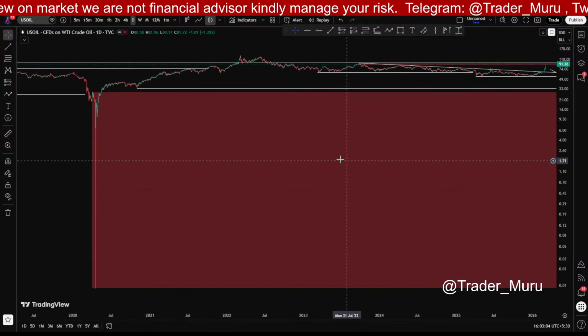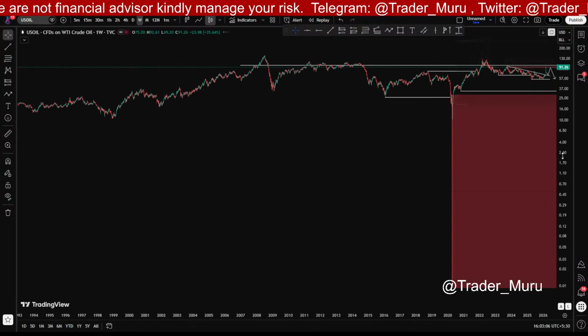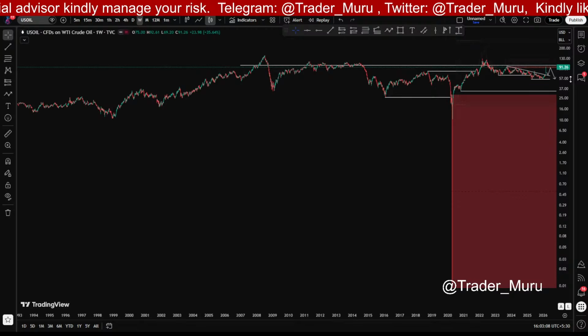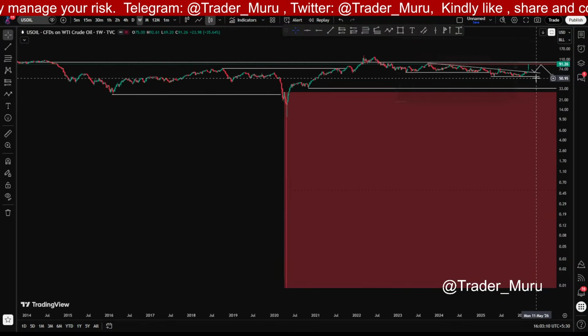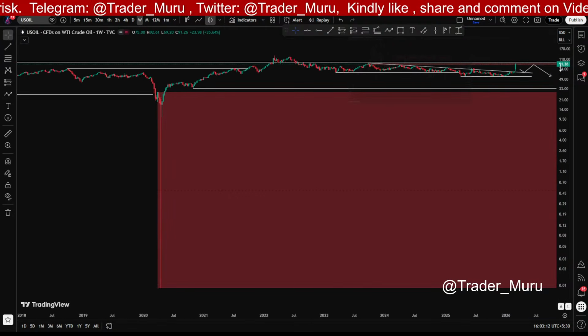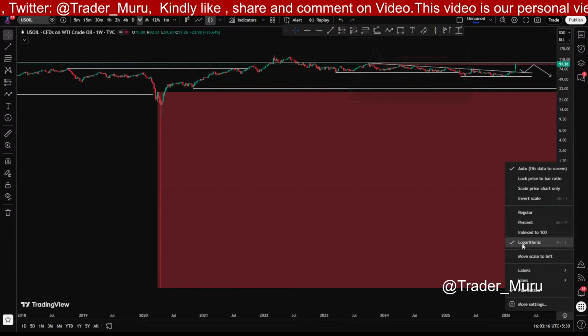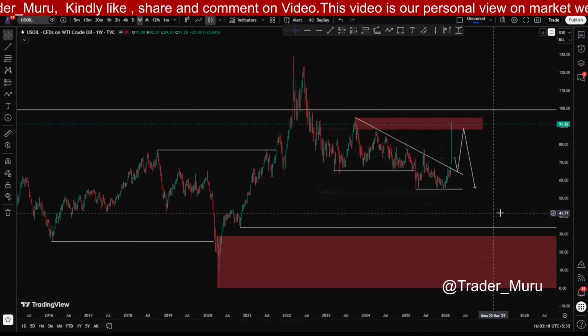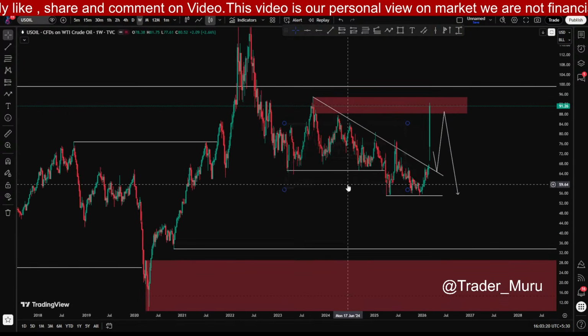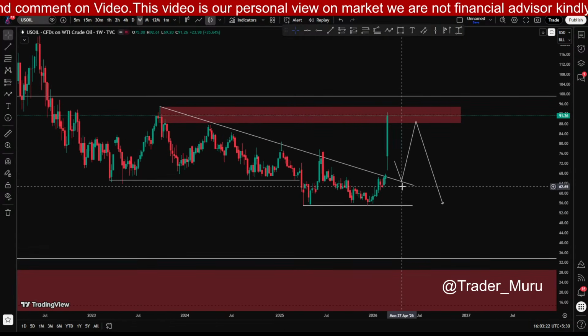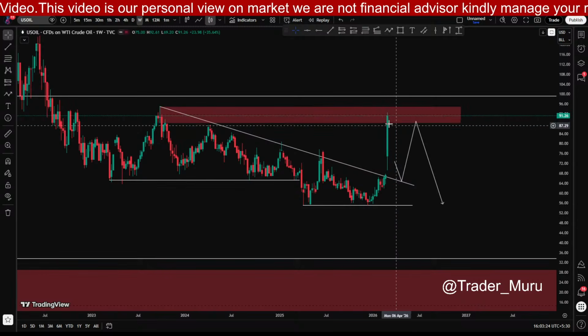Okay, here it is. Okay, so our target was this red zone. It has already been hit.